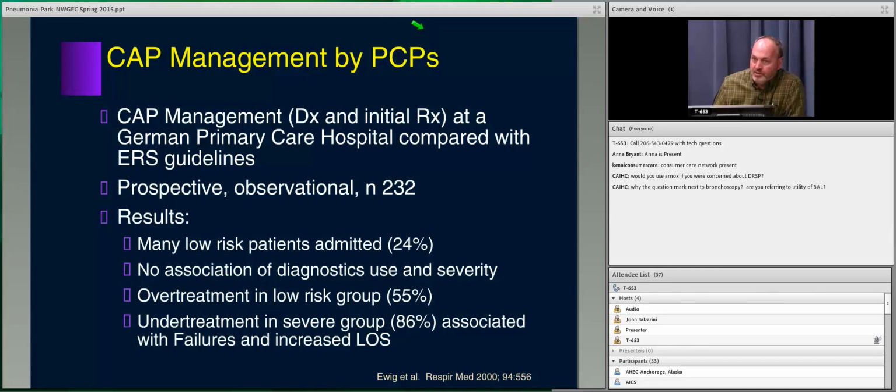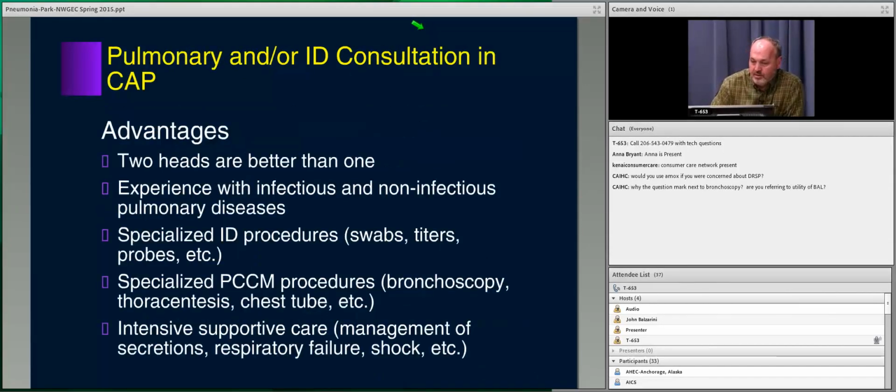So treating everyone as though they needed 3 different antibiotics, maybe. And then the severe group, where you would want to see that kind of therapy given, those people were undertreated, leading to increased failures and increased length of stay.